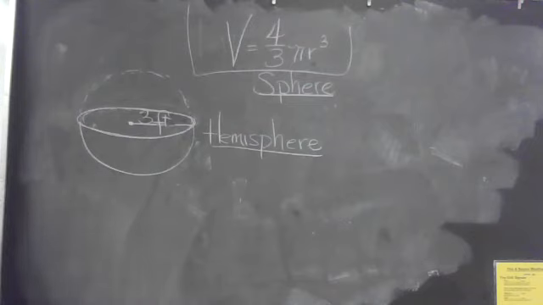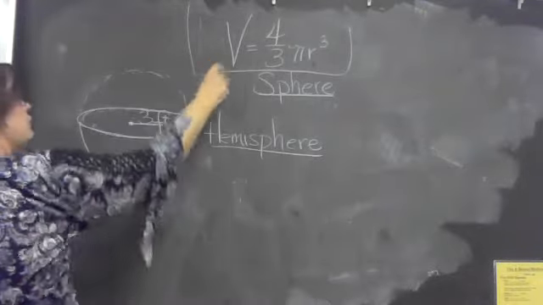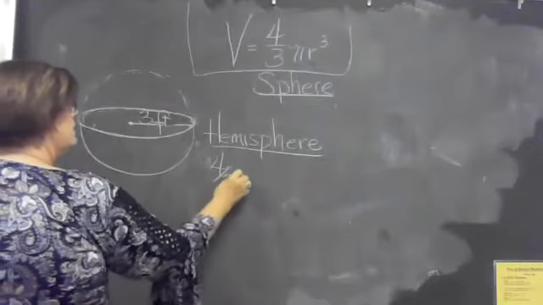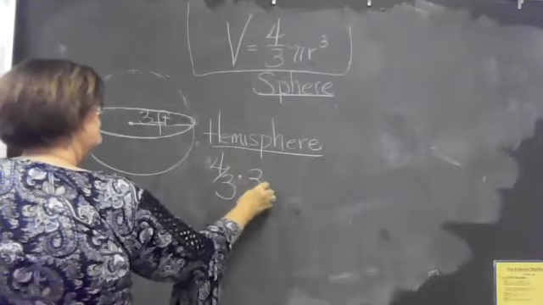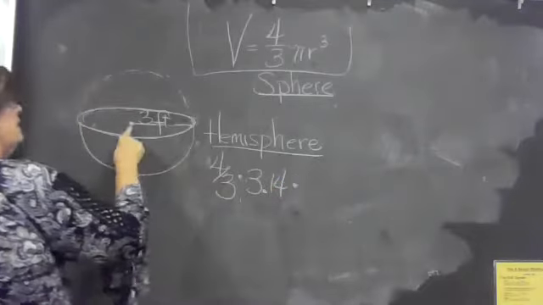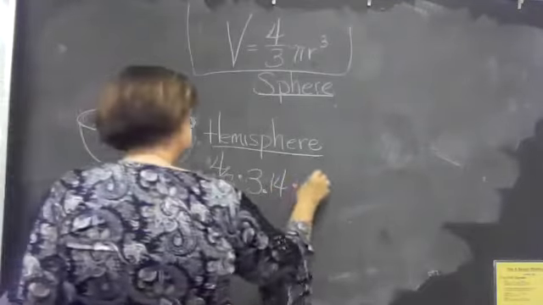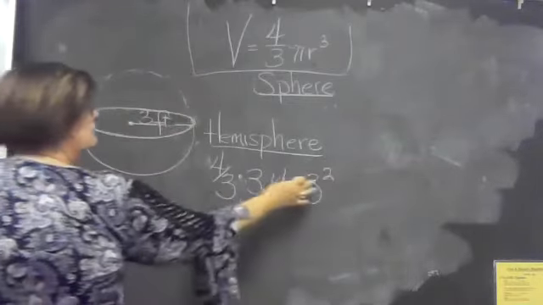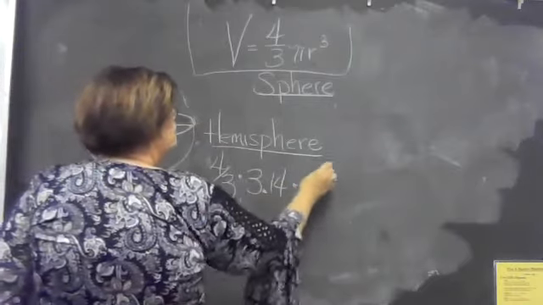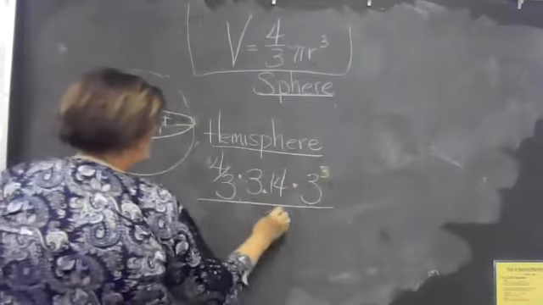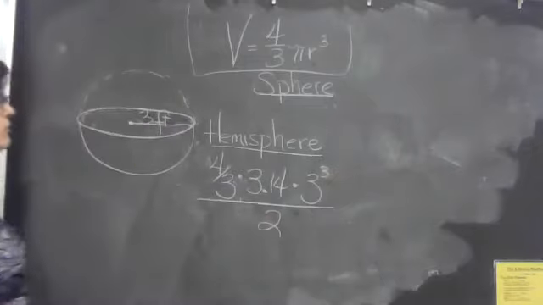So let's do this one. We're going to find the volume of the sphere, 4/3 times 3.14 times, and this again is the radius, 3 cubed, sorry. I would suggest that you go ahead and say, then I'm going to divide the answer by 2.